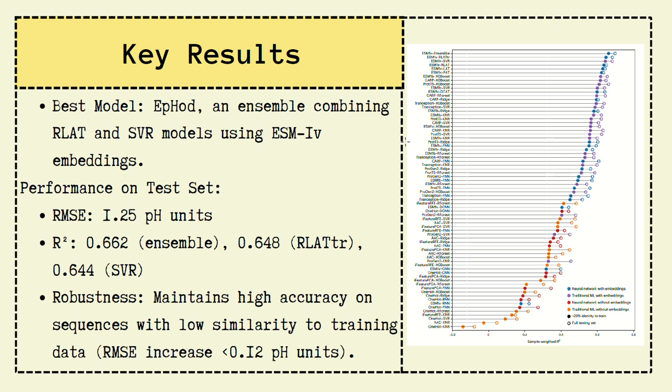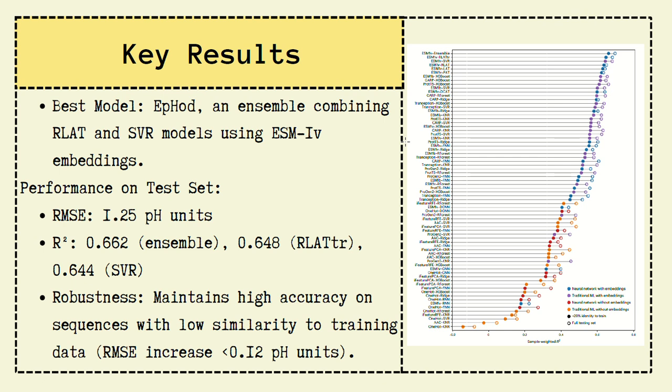So the best performing model was indeed EPHOD, which is an ensemble combining a RLAT, which is your residual light attention neural network, and a SVR model, the support vector regression, and they both used ESM1V embeddings.